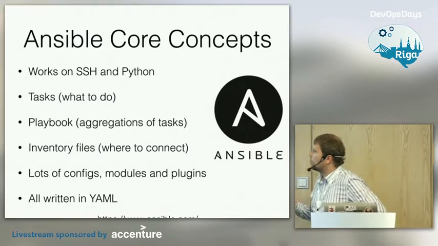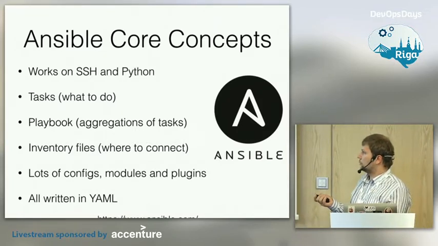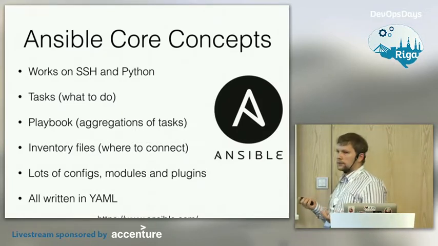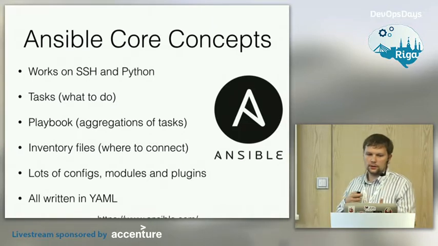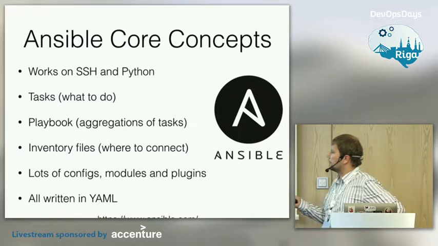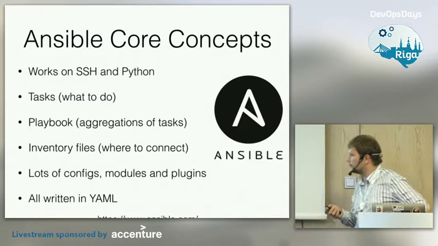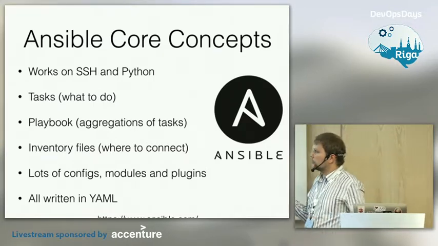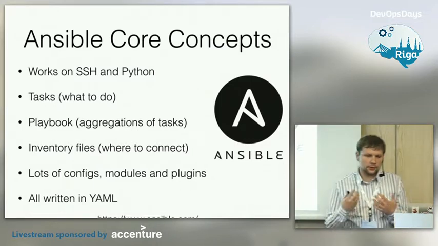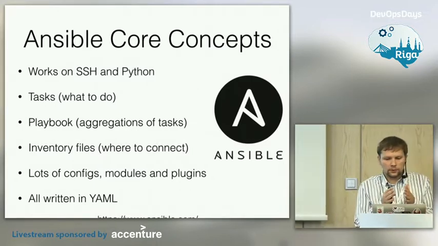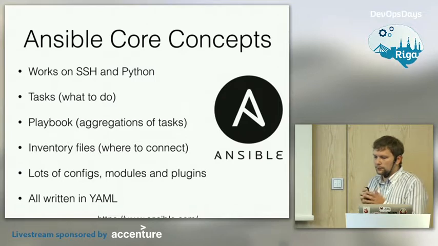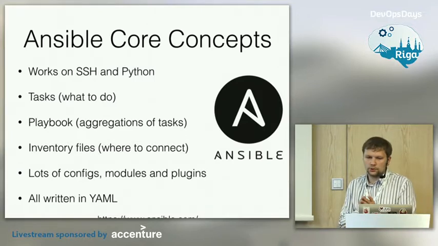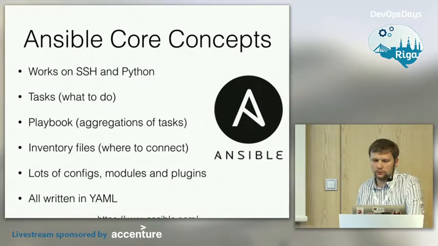And the core concepts are tasks, what to do, and playbooks, aggregations of tasks. There are roles as well, and inventory files, where to connect, and lots of configs, modules and plugins. But think of Ansible as a collection of utilities and modules which automate a lot of routine tasks which you would need to spend a lot of time to solve if you're using plain bash.